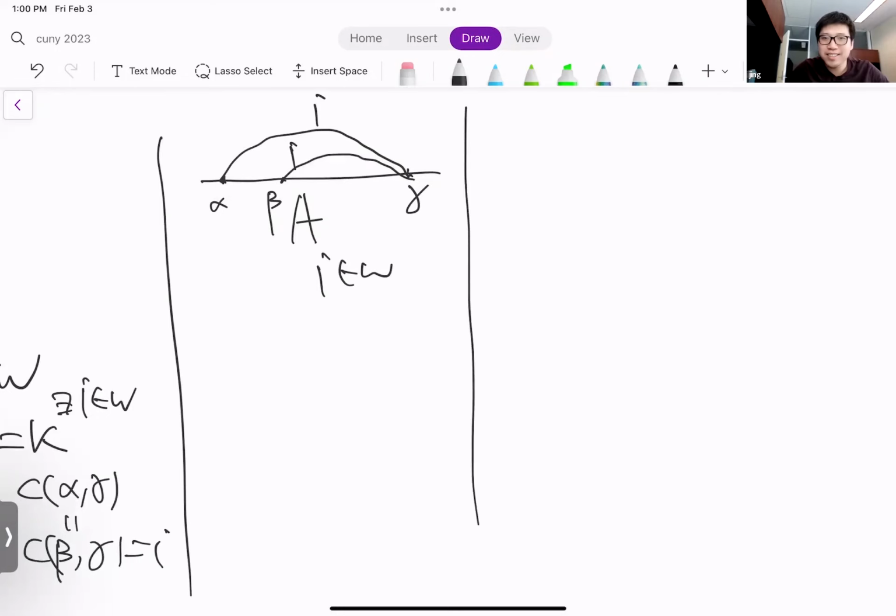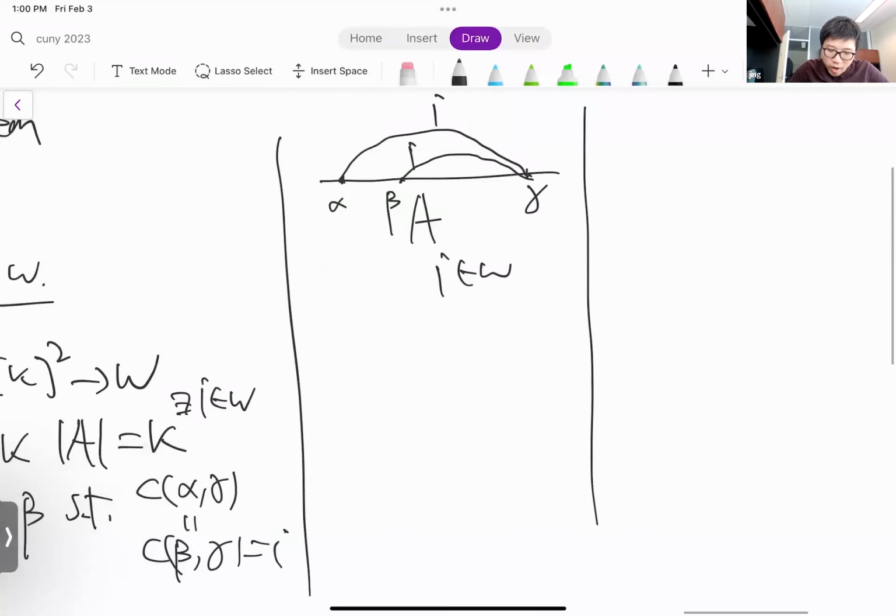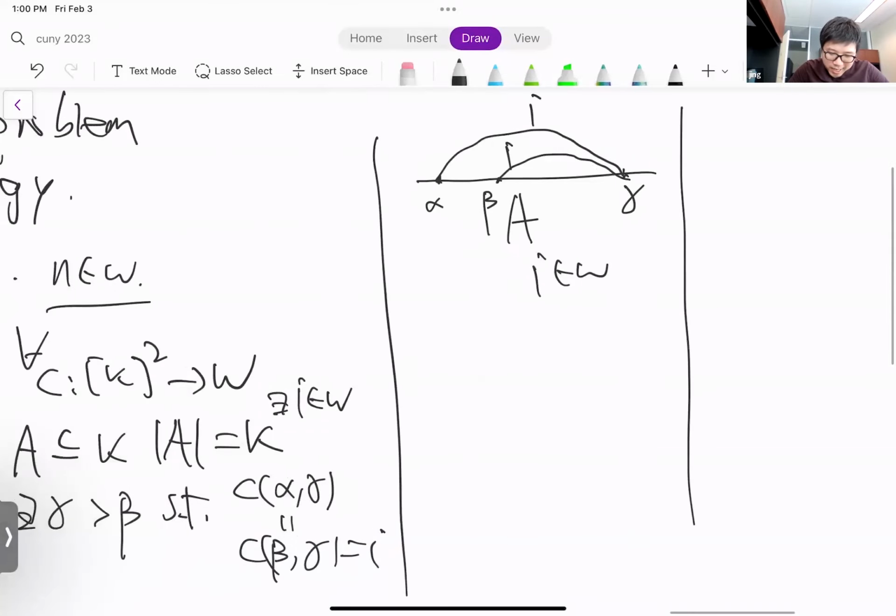With Ramsey theory, are you coloring the edges or the vertices? Coloring edges. So what's a monochromatic edge? Wait, I'm sorry, I didn't hear you. Because you're saying a monochromatic edge. Oh, right.